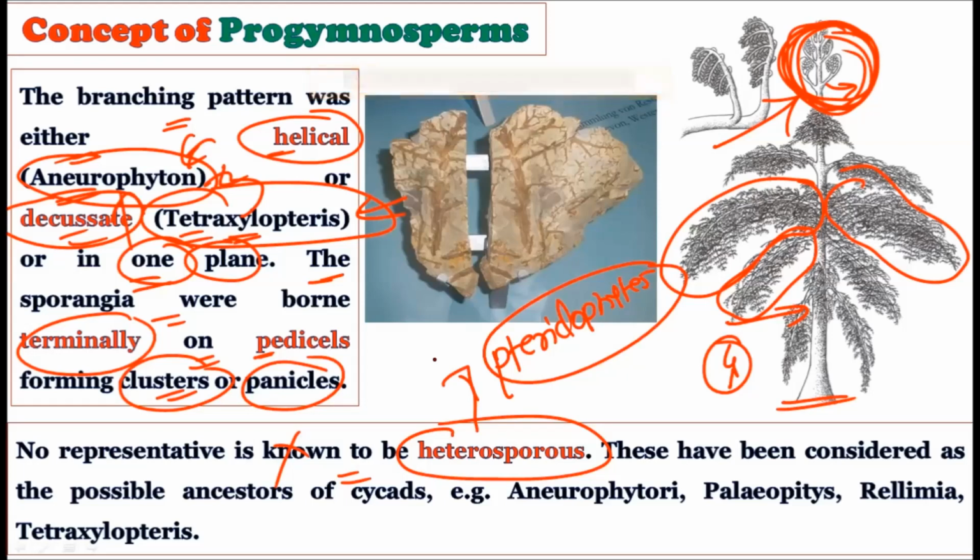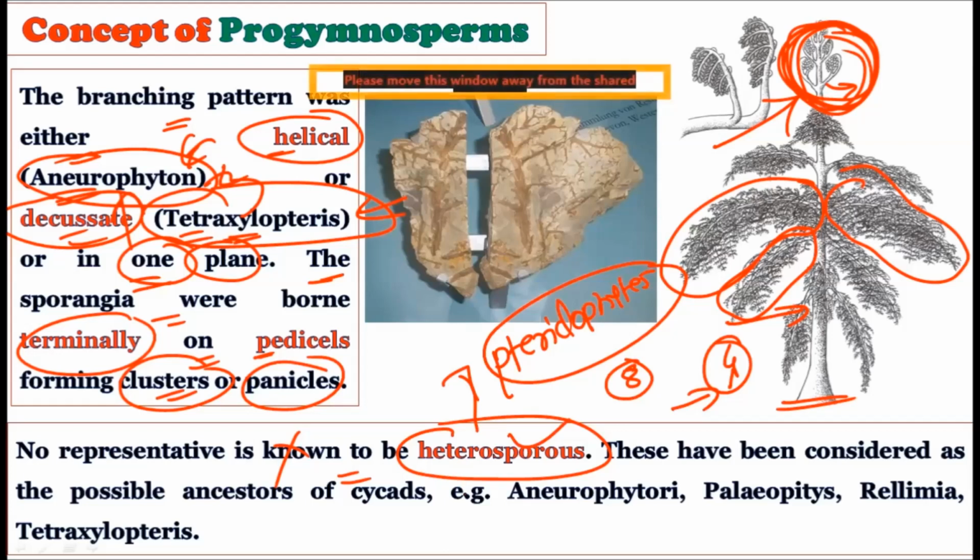Many pteridophytic members are homosporous. Only 8 living genera show the heterosporous condition. But on the other hand, gymnosperms are heterosporous plants. Gymnosperms show the presence of two kinds of spores. Now, if plants like Aneurophyton and Tetraxylopteris do not show heterospory, they are quite related to the pteridophytes and not to the gymnosperms.